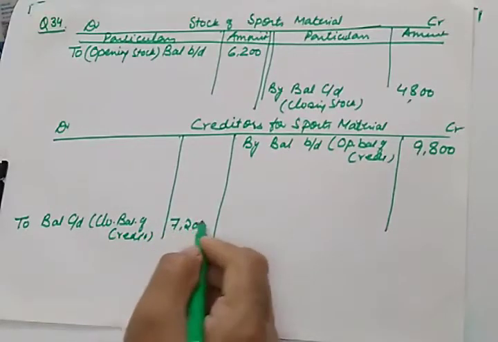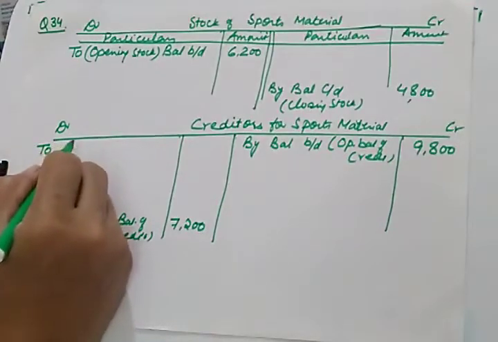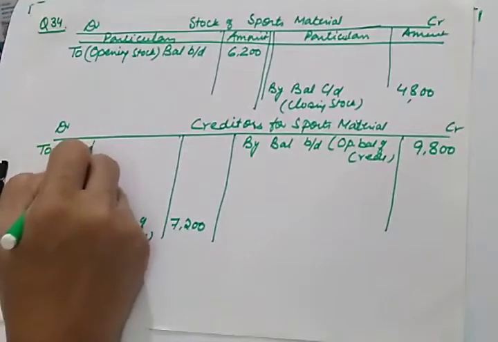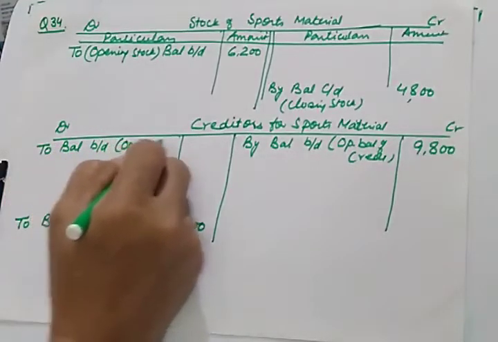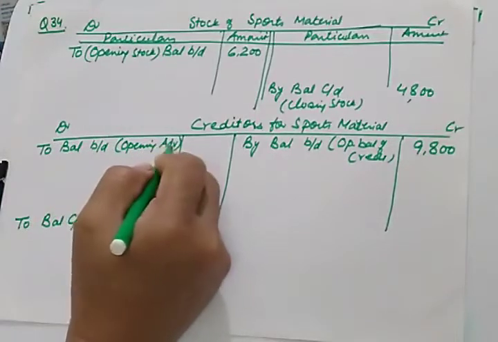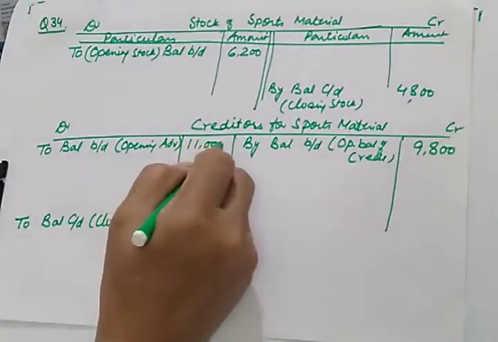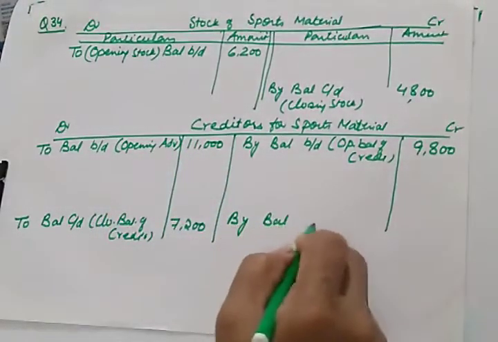7,200. And likewise, the new item which is given to us is advance to supplier. So opening balance of advance to supplier will be recorded here. How much opening advance we have given? 11,000. And likewise, closing advance will be recorded here.